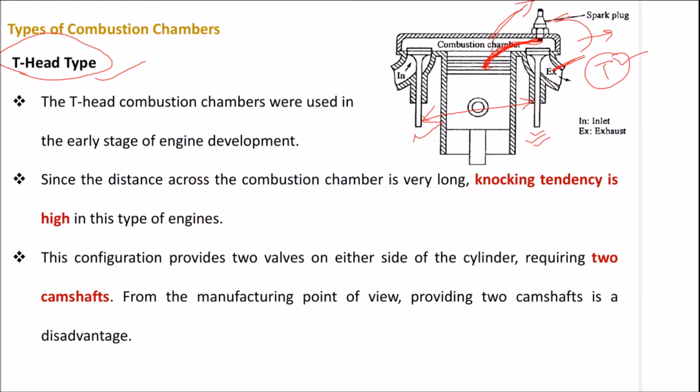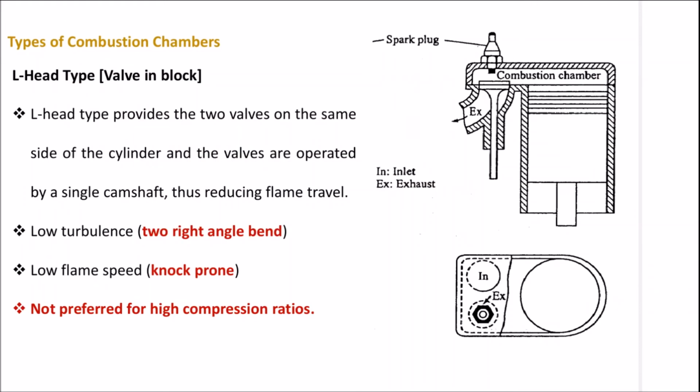After the T head type, the next combustion chamber was the L head type, or the other name is valve in block. The shape itself tells it is an L shape. Here you see that the inlet as well as the exhaust valve are on the same side of the combustion chamber, not on opposite sides as in the T shape.